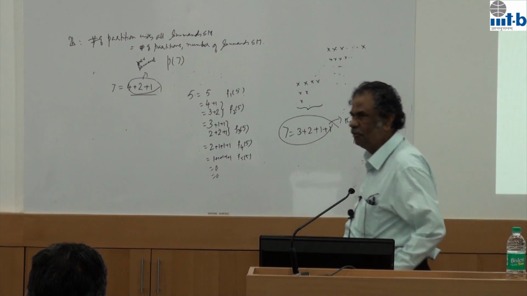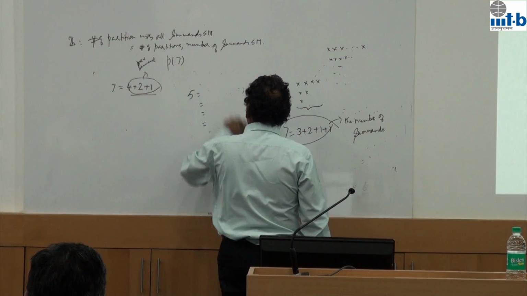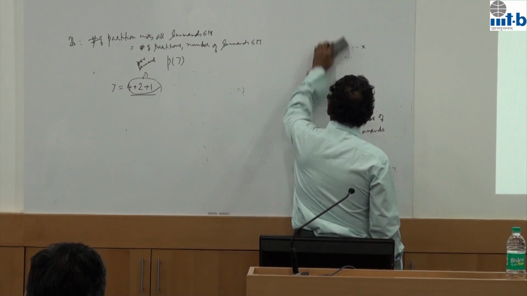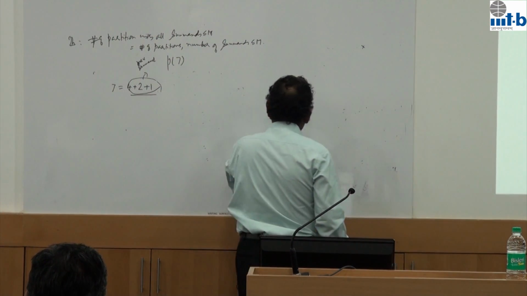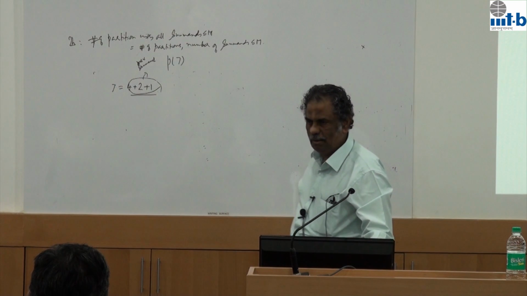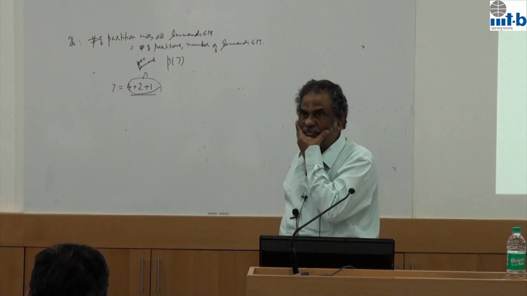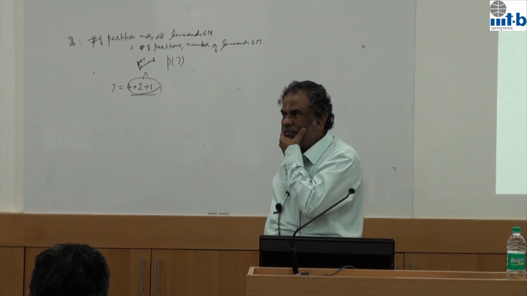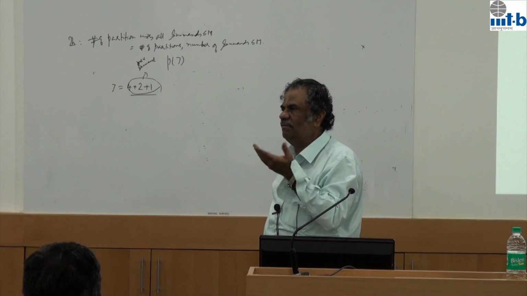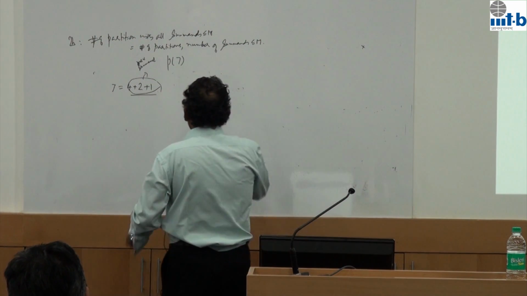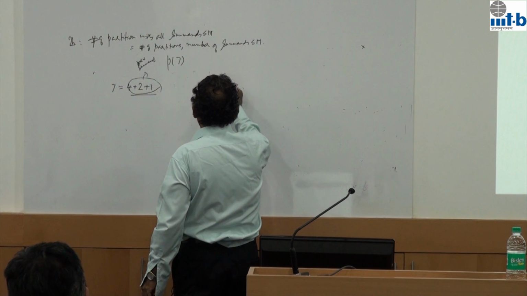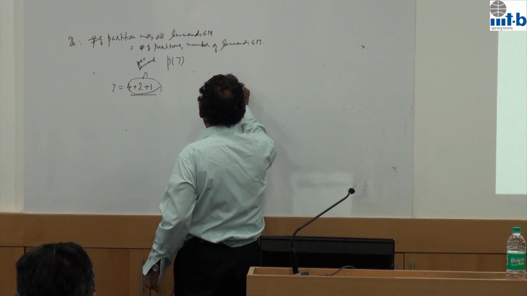Therefore, you can do it combinatorially, but you can also do many questions by generating function. When I wanted to write something as a generating function, what I wrote here for that question was 1 minus x to the power minus 3.